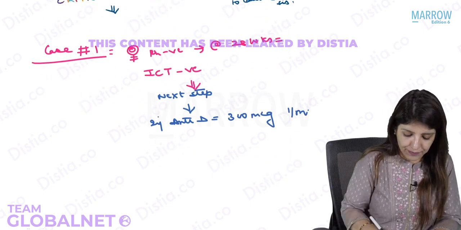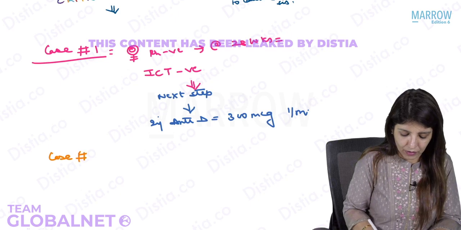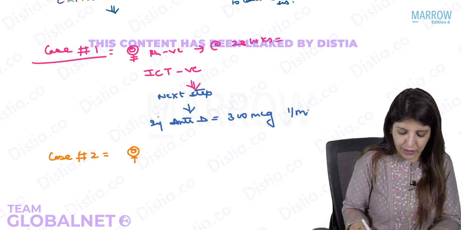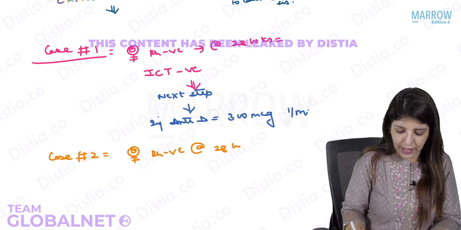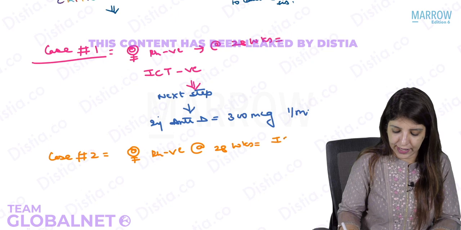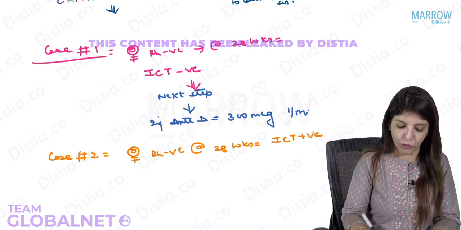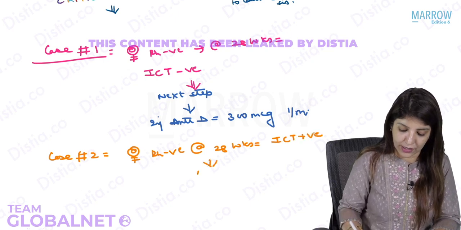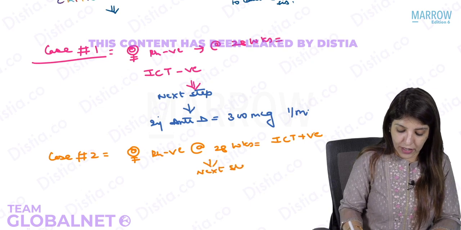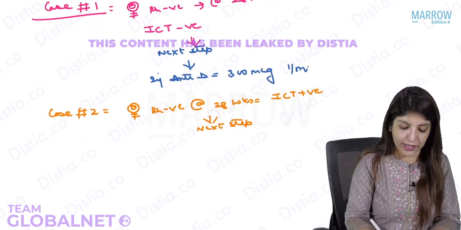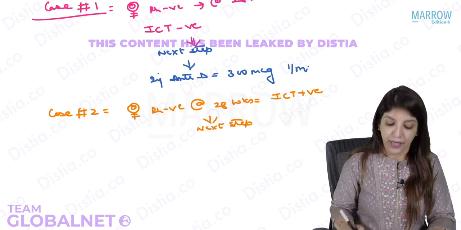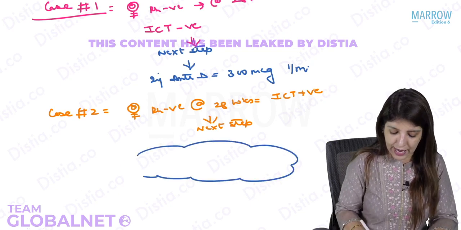Case 2 is, you have a pregnant female who is Rh negative, and at 28 weeks of pregnancy, indirect Coombs test comes out to be positive. And now they ask you what is the next step. It will be a blunder if you say that the next step is anti-D. Now the next step is antibody titer.